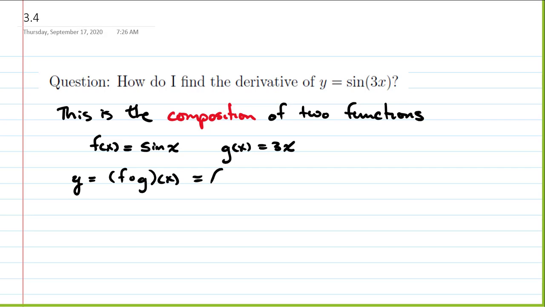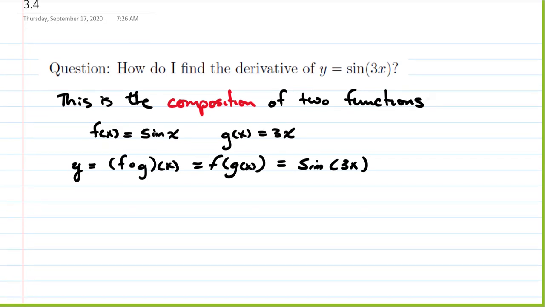And remember, function composition says we put the second function into the first function. So everywhere in f where I see an x, I'm going to replace it with g of x. And that would indeed give me the sine of 3x. So y is the composition of the sine function and the function 3x.